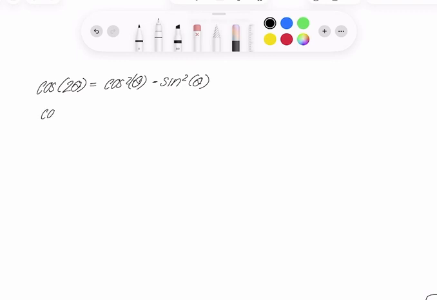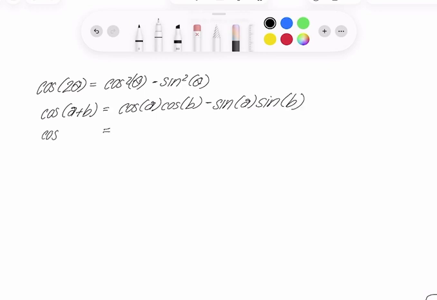So we know that cosine of the sum of two angles equals cosine of A cosine of B minus sine of A sine of B. And so, in this case, we have cosine of 2 theta plus 0 equals cosine of 2 theta cosine of 0 minus sine of 2 theta sine of 0.